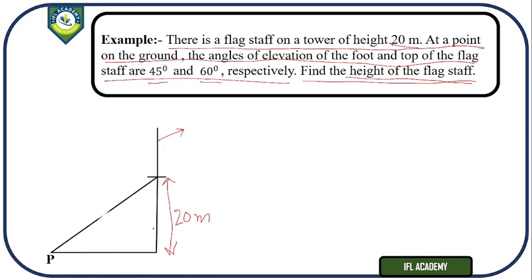From this point P, the angle of elevation of the foot of the flag staff is 45 degree. This angle is 45 degree. And also from this point P, the angle of elevation of the top of the flag staff is 60 degree. This angle is 60 degree.